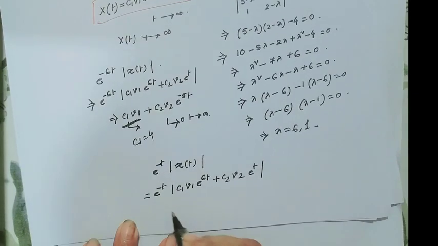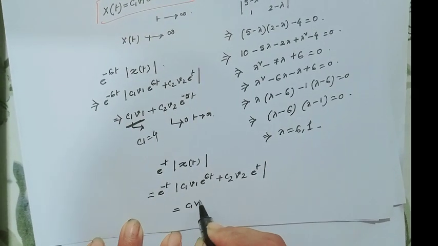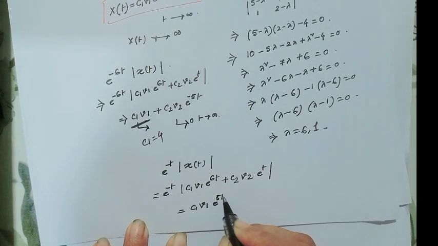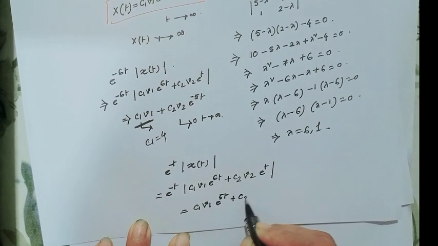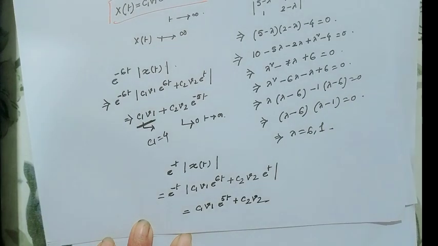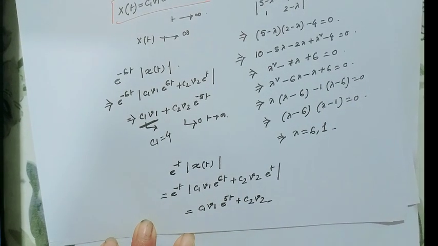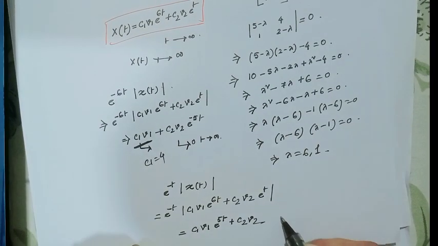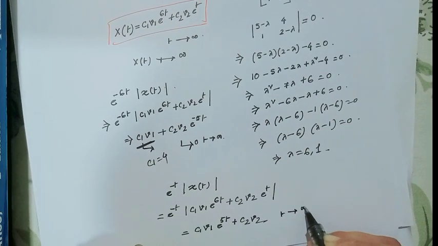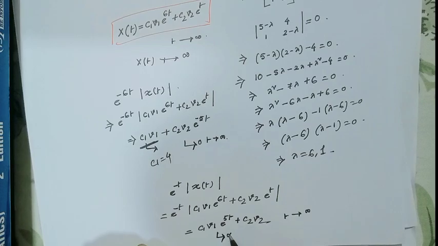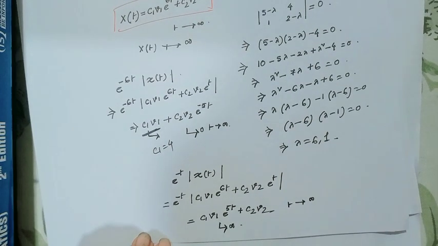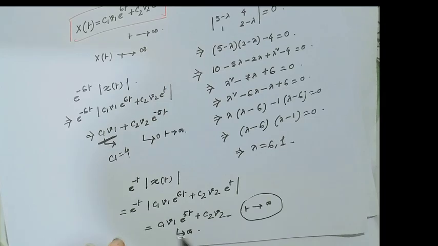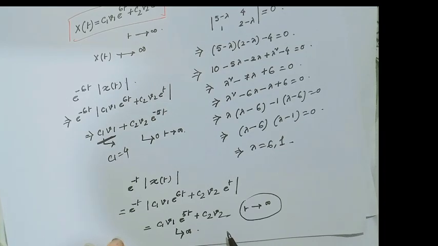This value would be c1 v1 e to the power 5t plus c2 v2, and as t goes to infinity this tends to infinity.